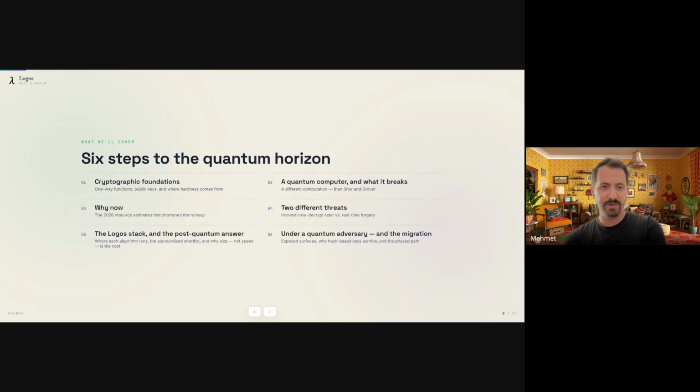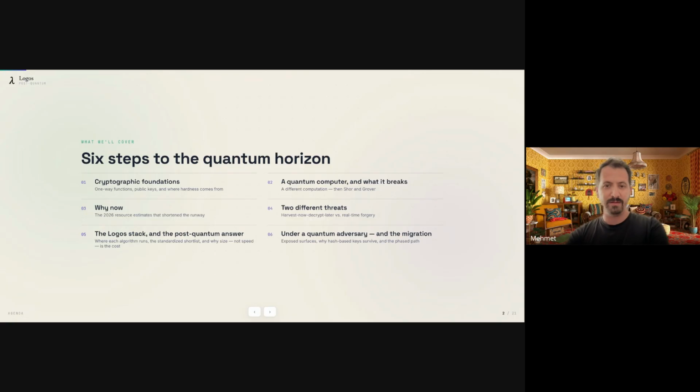So this is the overview of the presentation. I will start by giving some details of basic cryptographic operations, and I will give brief information about what a quantum computer is and why it is so popular these days, and what the attack types of quantum computers are.